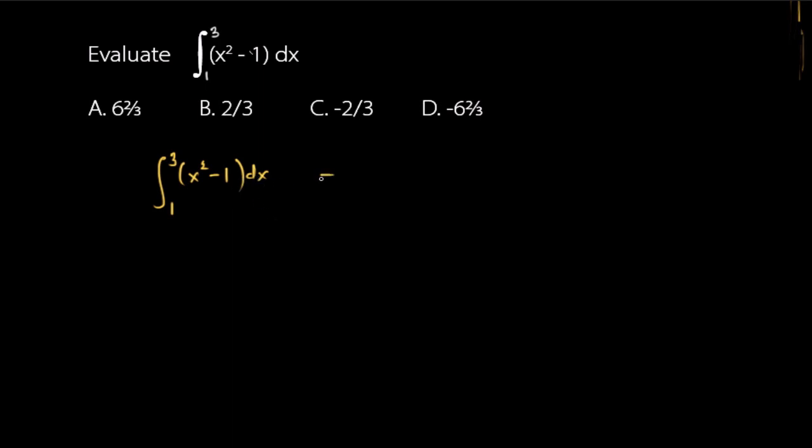Now I could also rewrite this, since 1 is the same thing as x to the power 0. So this is the integral from 1 to 3 of x squared minus x to the power 0, dx.